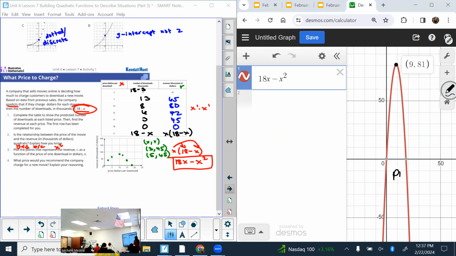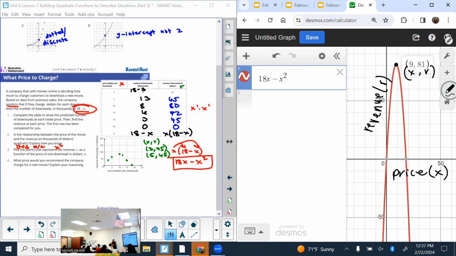The X's were the price. And the Y's are my revenue. So it goes X, R, the $9 price point would be the best. And it wasn't one of our X's, but that's pretty close to 10, so you guys did estimate well.